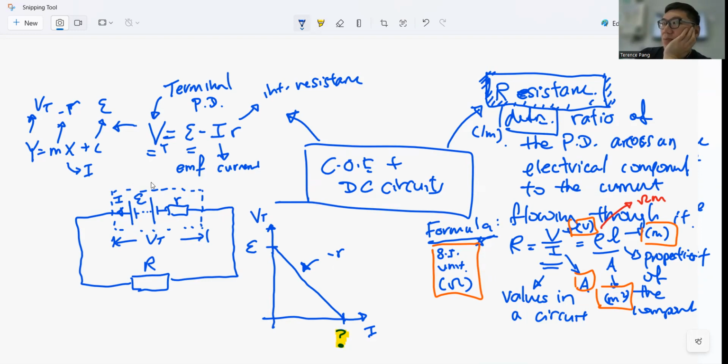To find x-intercept, you have to sub y equals 0. So sub Vt equals 0 inside.